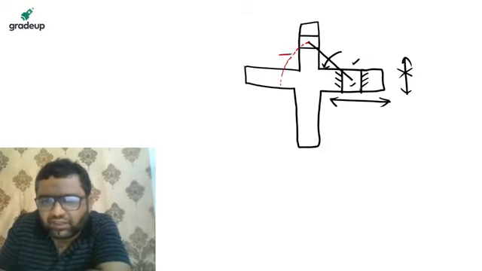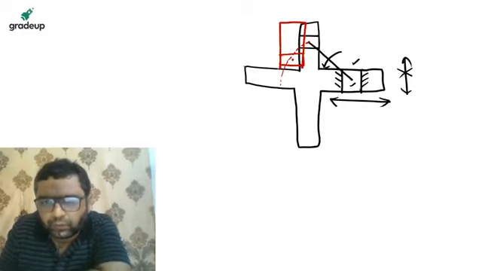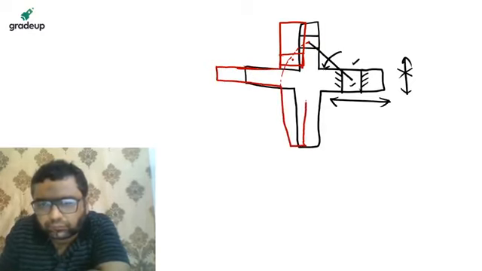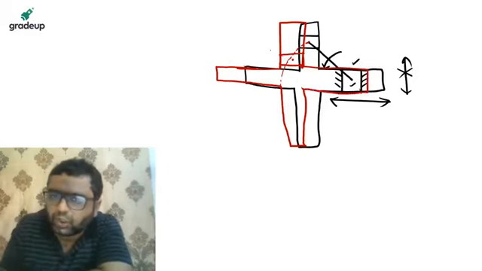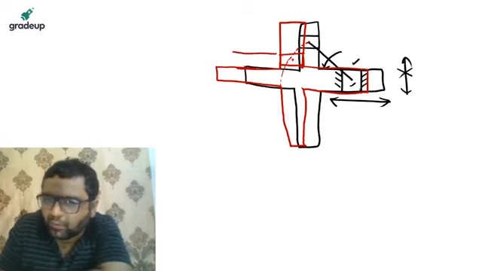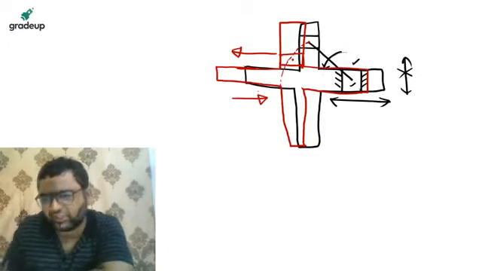So if this slider reaches here at this point for some instant, at that time the slotted plate will be at this position, like this. This is the motion of the slotted plate when it moves in this way, and for the other half it is going to be in this direction.